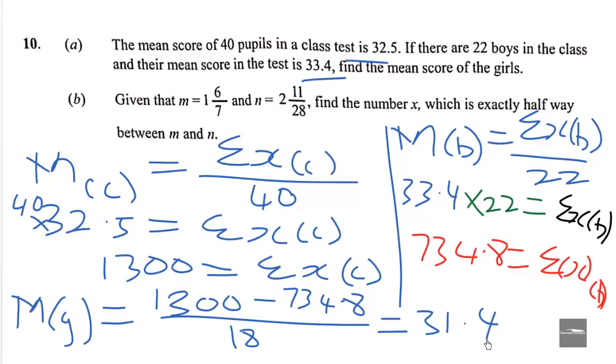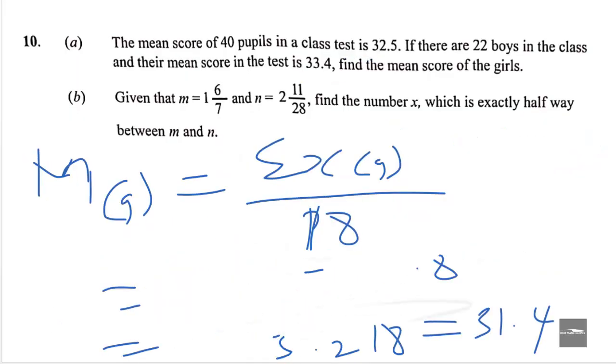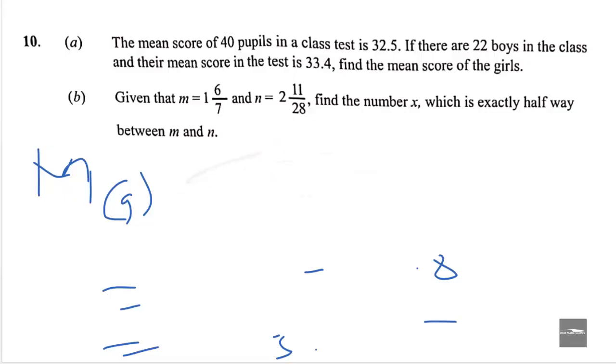Now let's look at the B part of the question. Let me get some space here so that I can use it to solve the B part of the question.